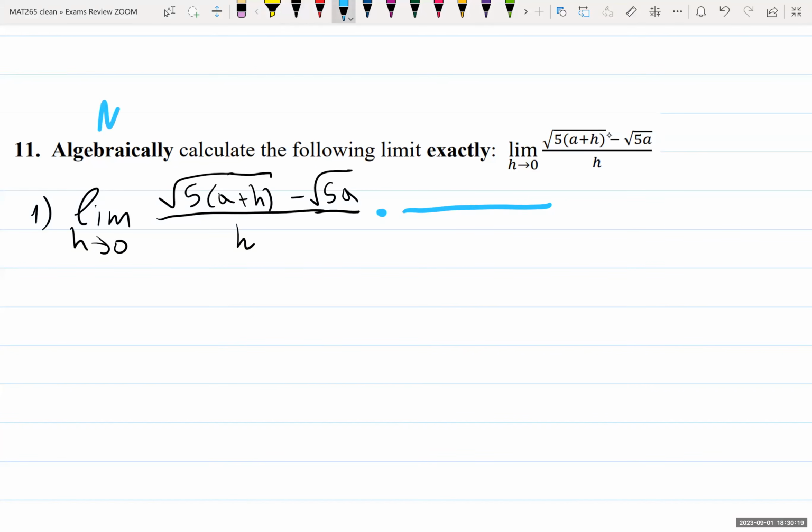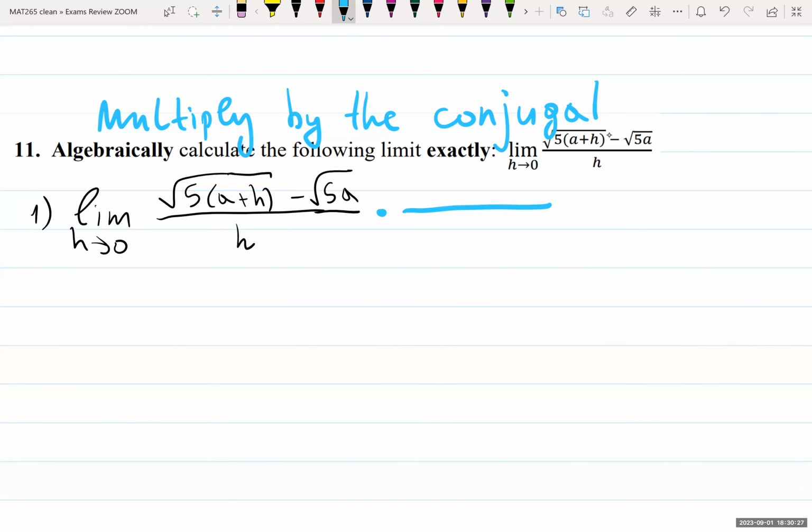So let's multiply by the conjugate. My students ask me, what does it mean, conjugate? And we checked. Conjugate means it's the same thing, but with different sign. If it was plus, becomes minus, minus becomes plus. So I will multiply by the square root of 5a plus h plus the square root of 5a.